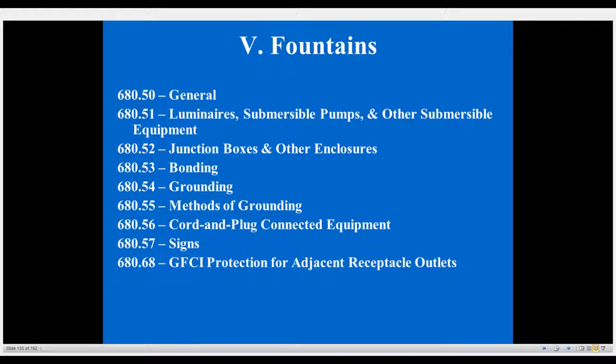Let me bring you back to me. So hopefully you got something out of Part 4. You learned about the indoor and outdoor spas and hot tubs. The general rule, GFCI protection. Let's keep it there. You do have some allowance here for protections like we just talked about: 3-phase, higher than 250 volts, or more than 50 amps for a heating unit.